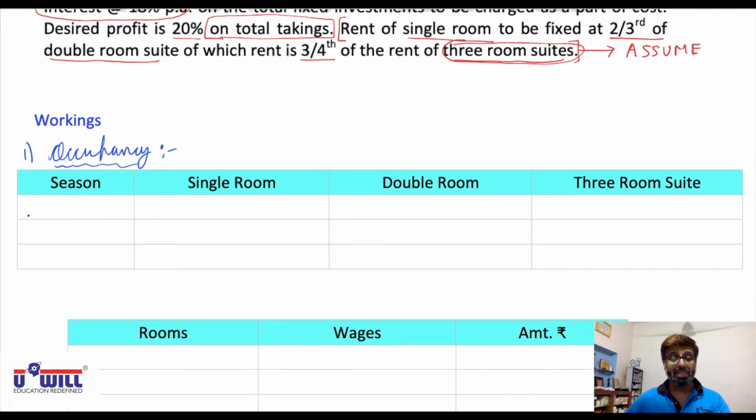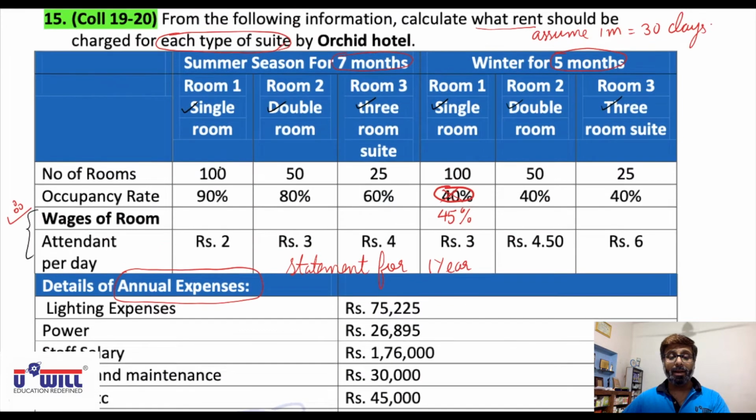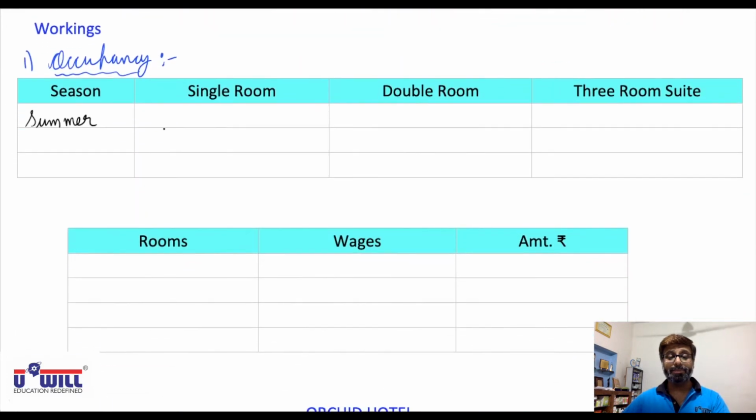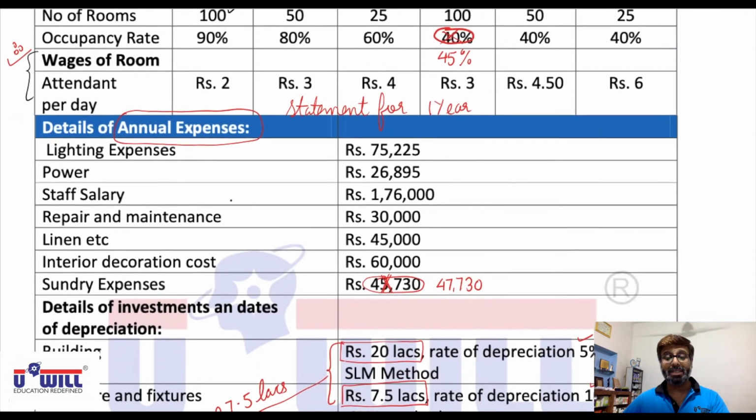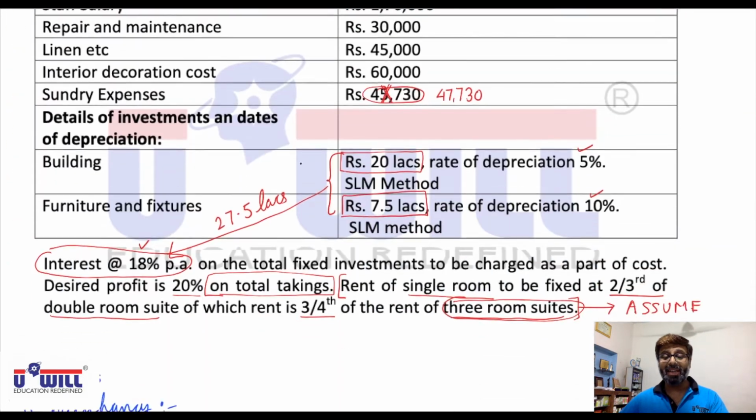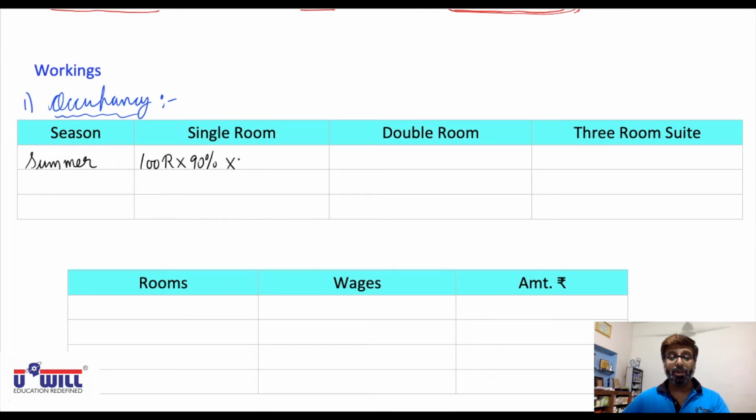So, summer season. First we find occupancy for summer season. 100 rooms are there, multiplied by 90% occupancy, into 7 months, and we assume 30 days in each month.